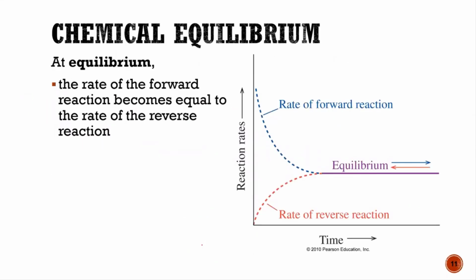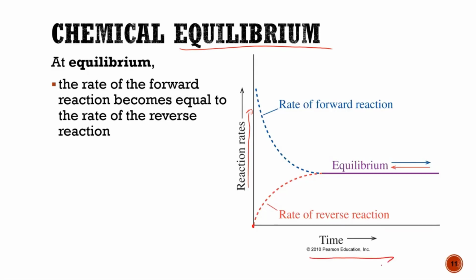So what does that look like? Well, the rate of the forward reaction eventually will become equal to the rate of the reverse. So how does this diagram help me see equilibrium? If I'm looking at the y-axis, this says how fast things occur. As we move up the y-axis, things are occurring a lot faster. At first there is no reaction rate.